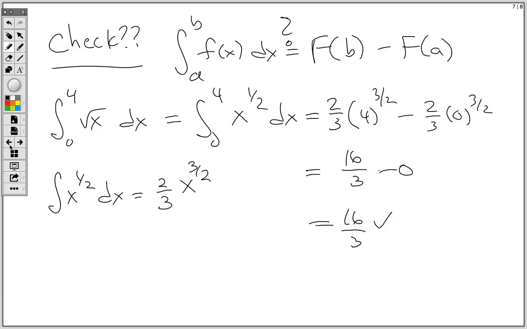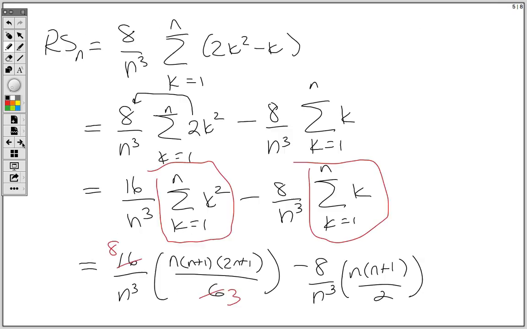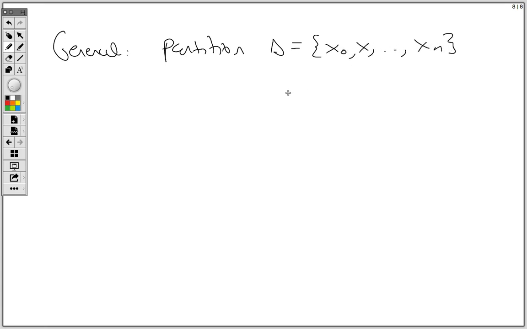So here's an example of a right endpoint sum where we don't have a regular partition. In general, if we have a partition delta, say x0, x1, up to xn, the norm of delta is written this way.